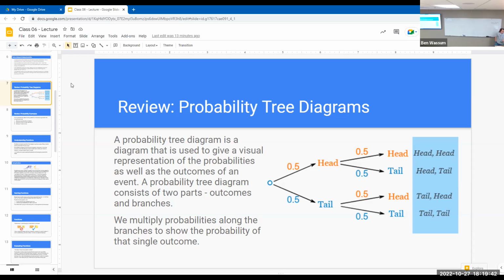And then the next time you roll the die, from each of those 1 through 6s, it would branch out again to 1 through 6, over and over again for however many times you do that. And you can imagine that gets very, very big, very quick.